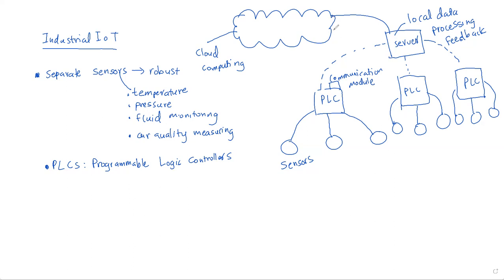Okay, so we need to have a connection to the cloud servers, and then any server or any person from another area on the earth can access our industrial server and access the data there.